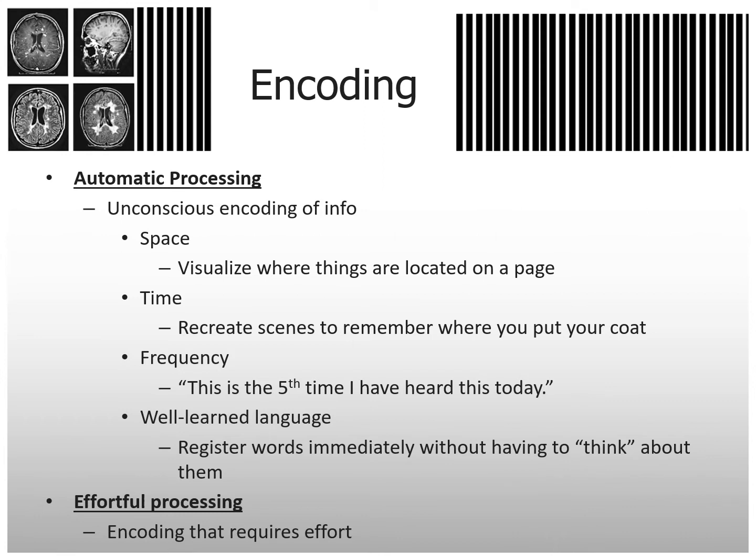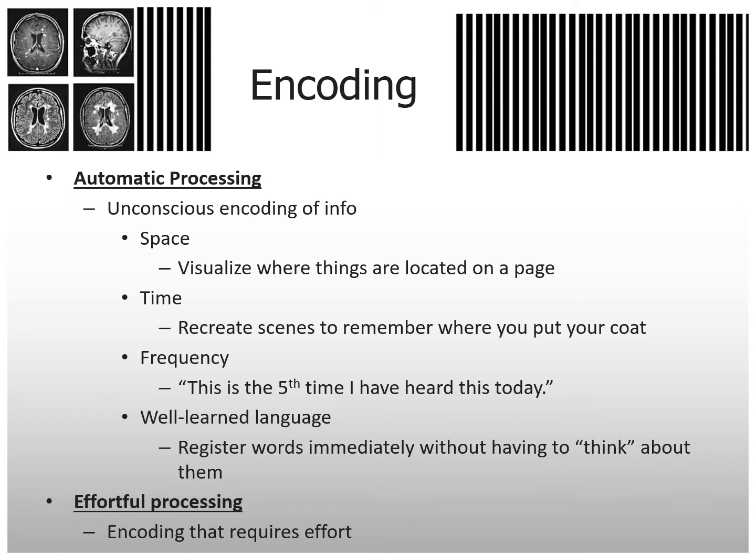Time recreates scenes to remember where you put your coat. A lot of times, if you're trying to find your keys, your coat, or something like that, you try to recreate the scene in your mind. You go over the time period in your mind to remember it. Frequency: this is the fifth time I've heard this today, right? The more you hear something, the more automatically you remember to do it.